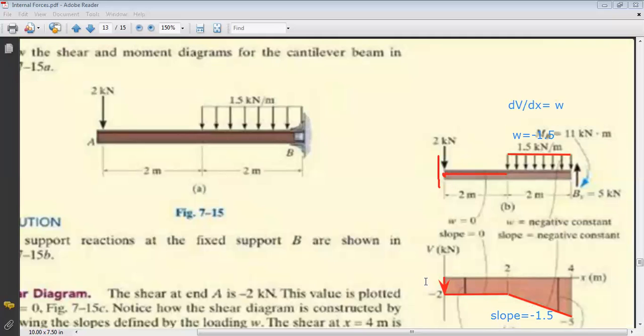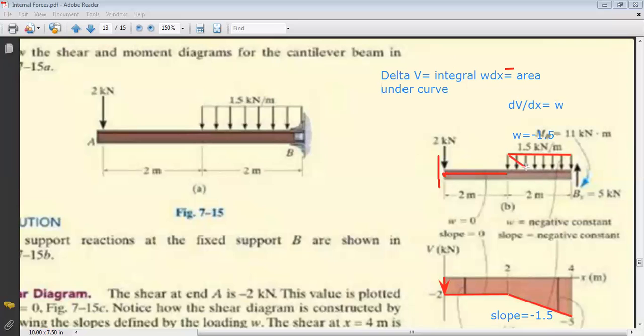Now, if I want to know my final shear, I can use the following property: delta V is equal to the integral of W dx, which corresponds to the area under the curve. Since W is negative, I will consider a negative result, so I will take minus the area, because my W is downward.